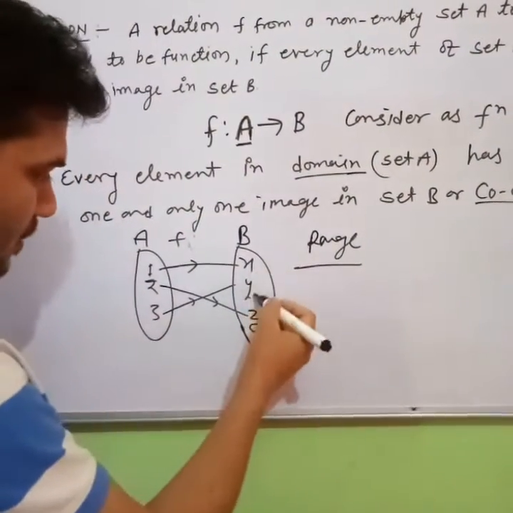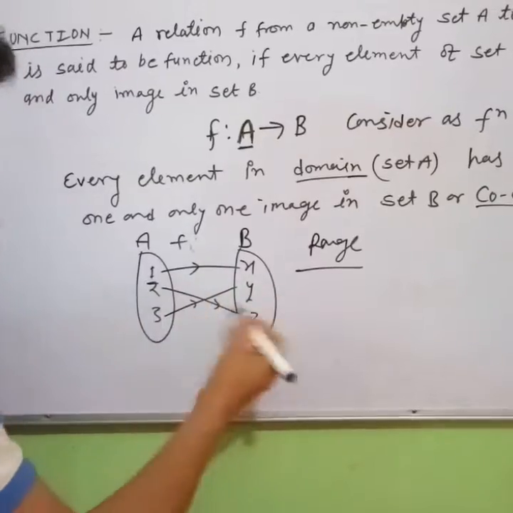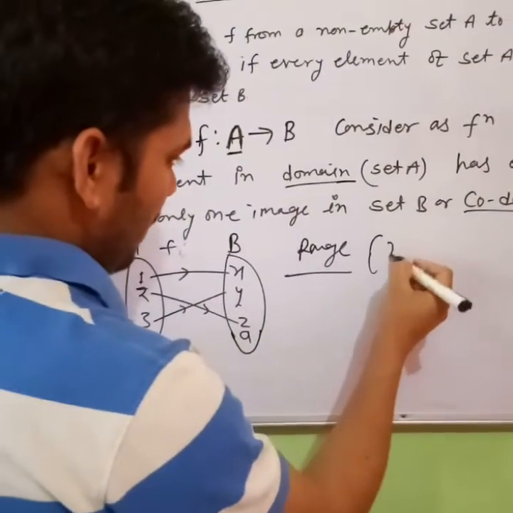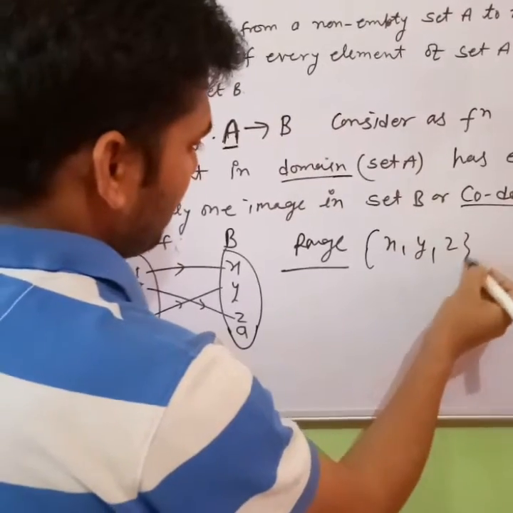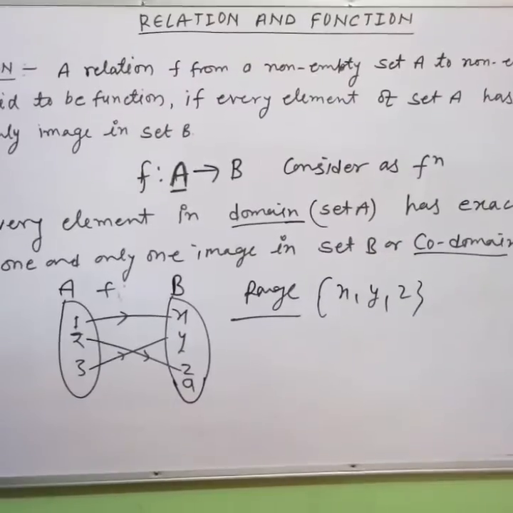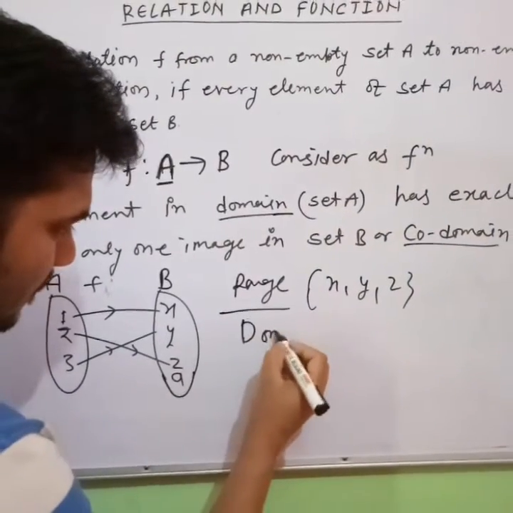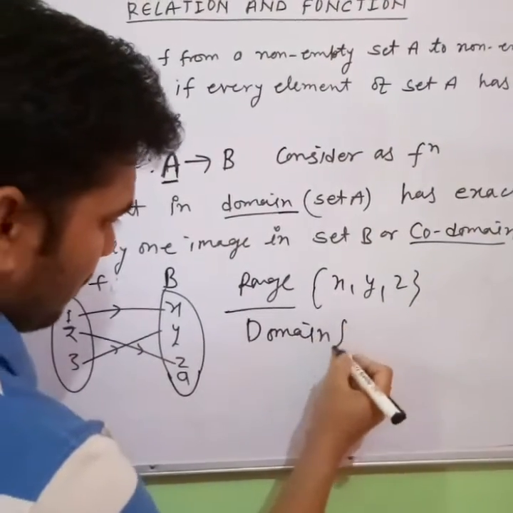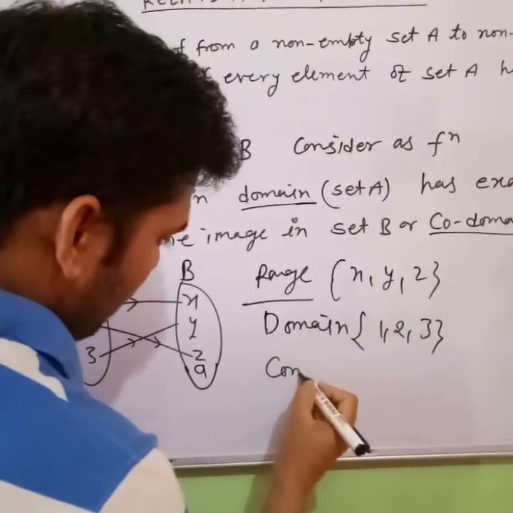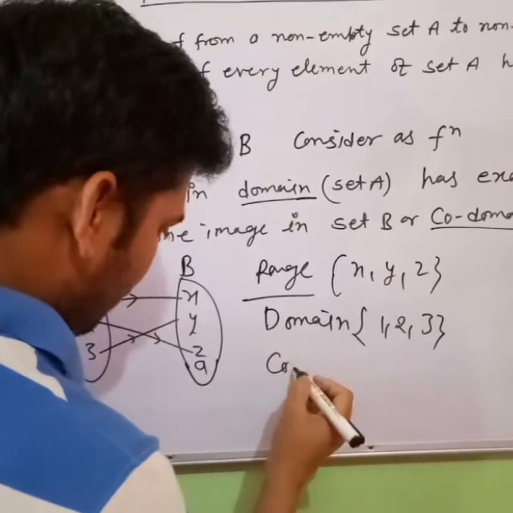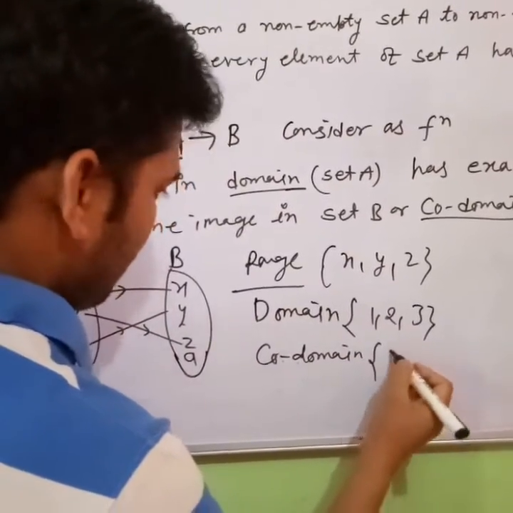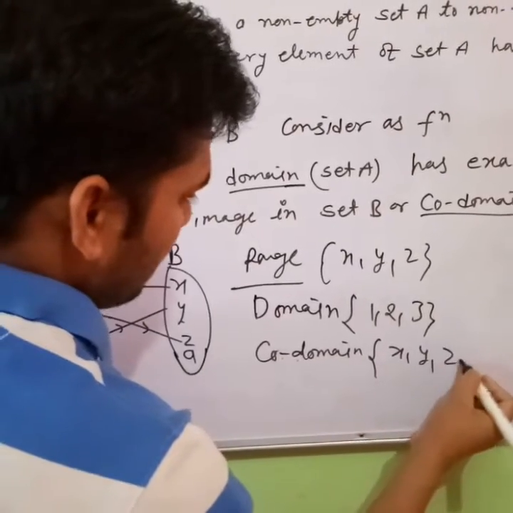Range here is x, y, z. The three elements are mapped from a domain element. Then range is केवल x, y and z. This is range. And domain is 1, 2, 3. Codomain is x, y, z and a.